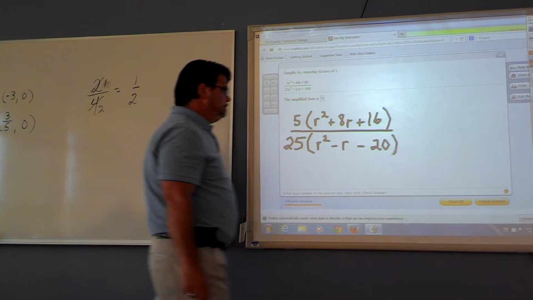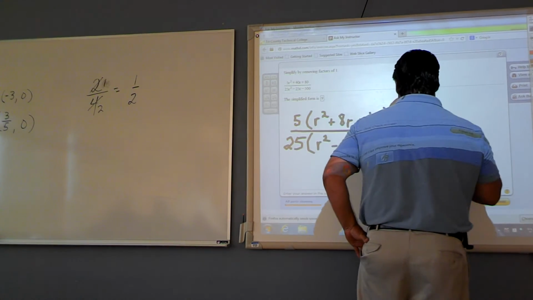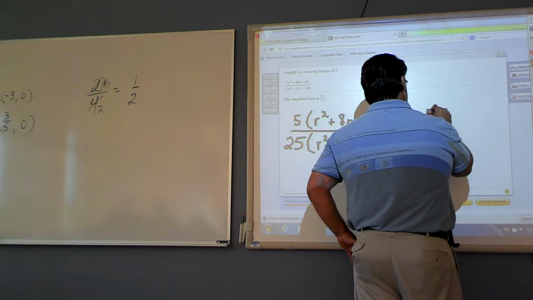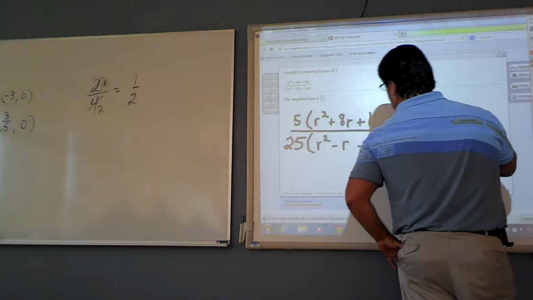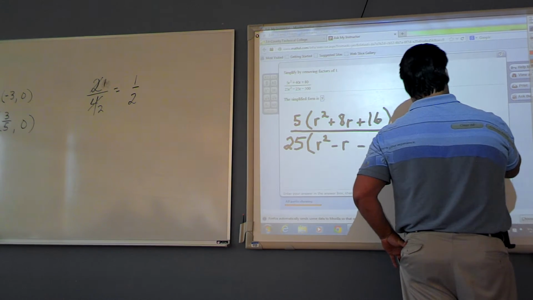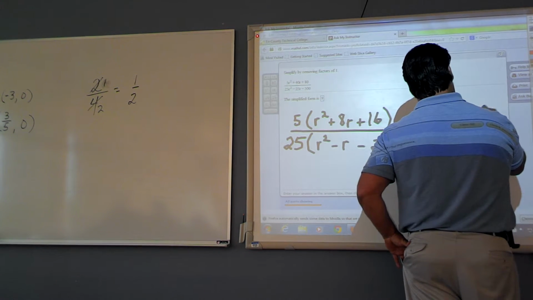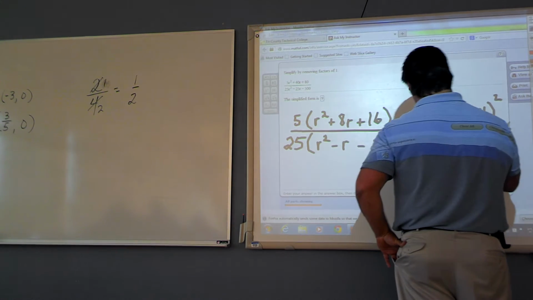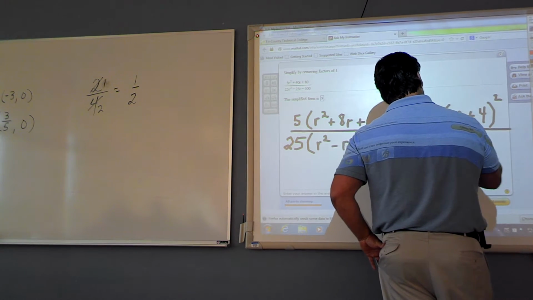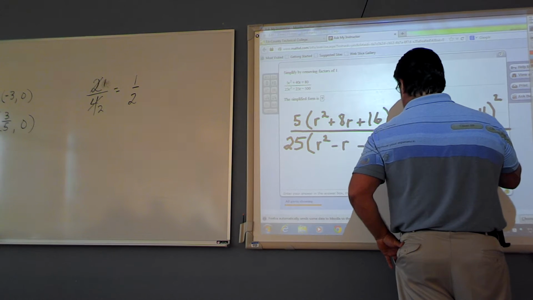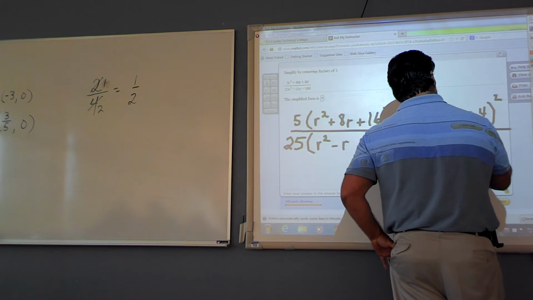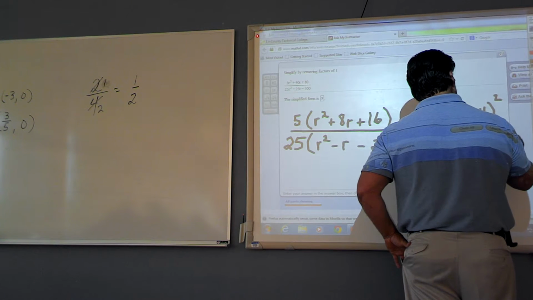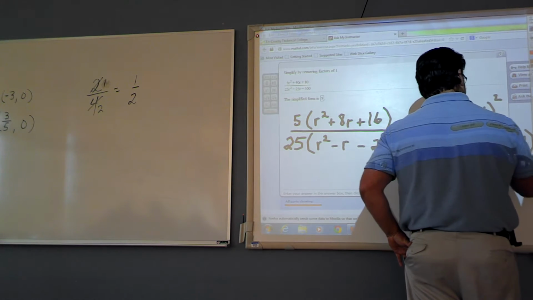Somebody help me out. So I believe 5 times R plus 4, R plus 4, quantity squared, over 25, R minus 5 times R plus 4.